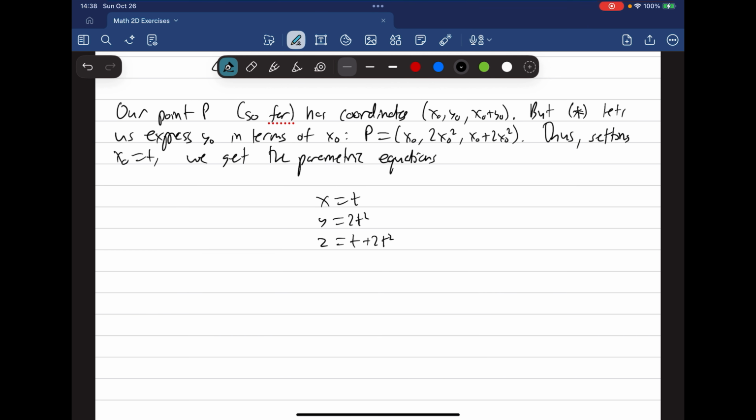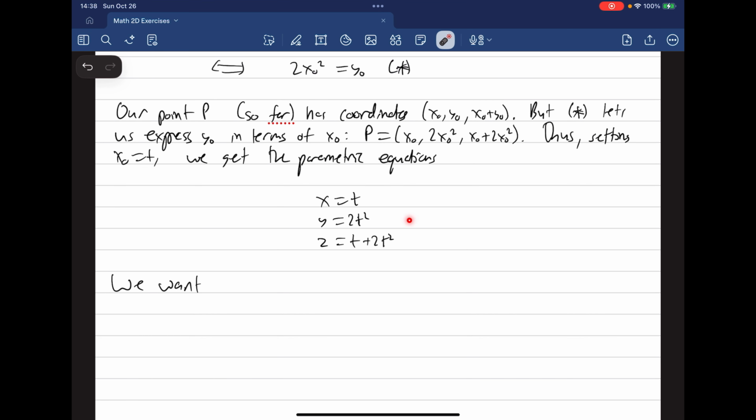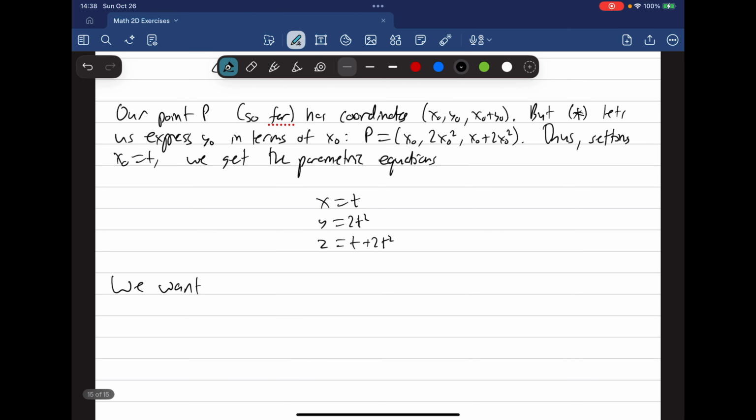And if we really want to be careful and make sure that this parametric curve actually lies on our two surfaces, we can readily verify.